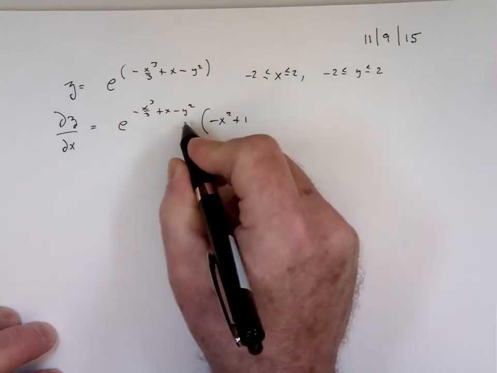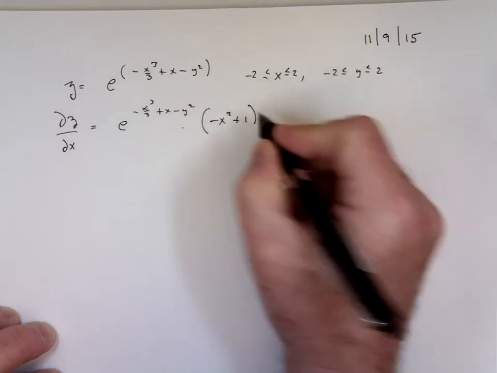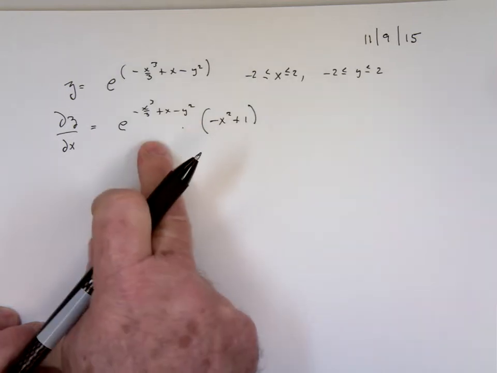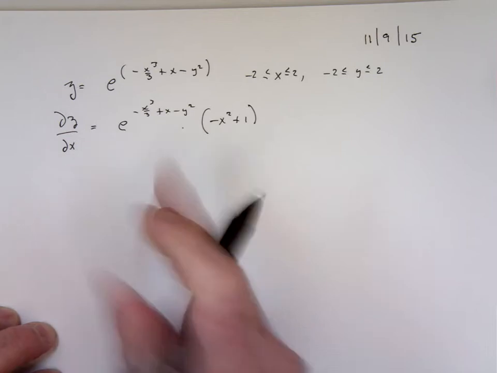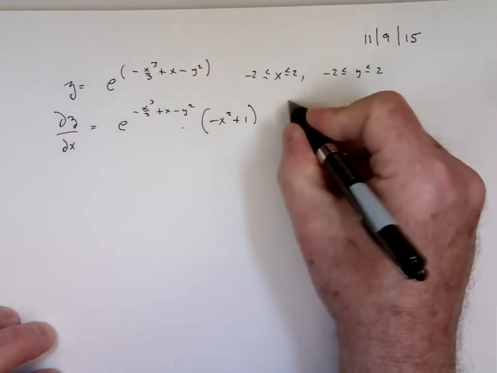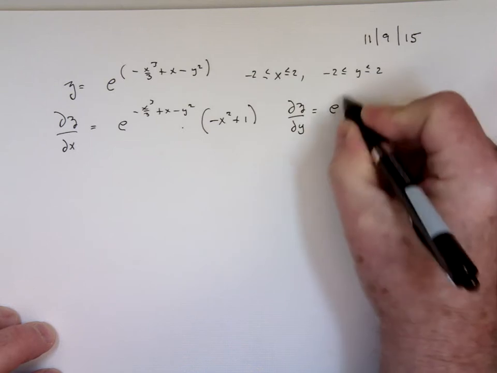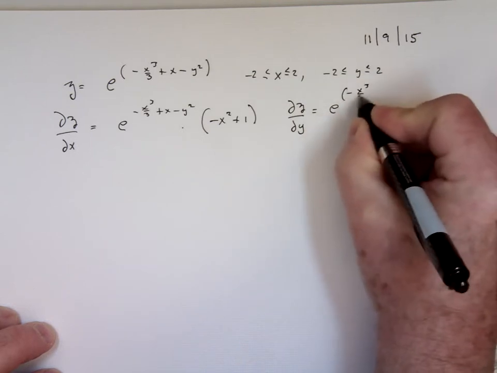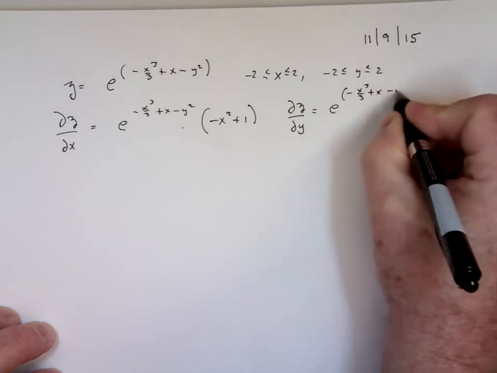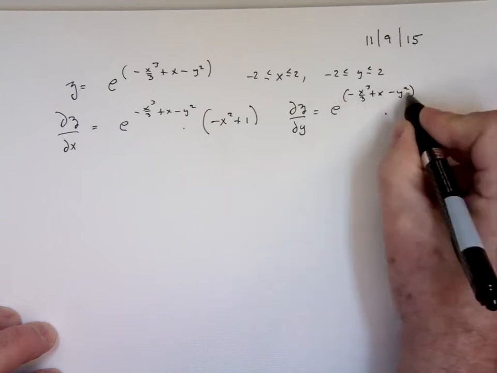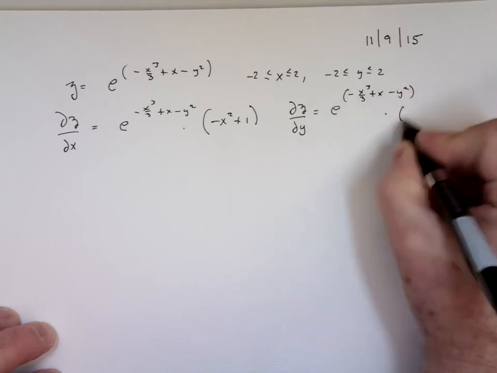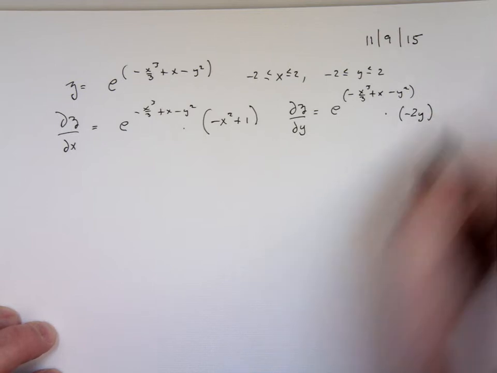The derivative of y squared is 0. Okay, that's the partial with respect to x. Partial with respect to y, e to the u form times the derivative of that exponent with respect to y, which is -2y.